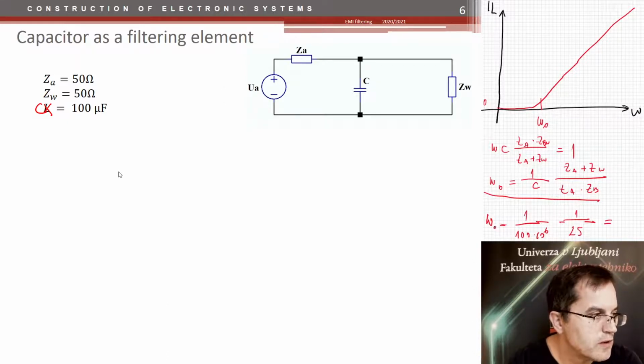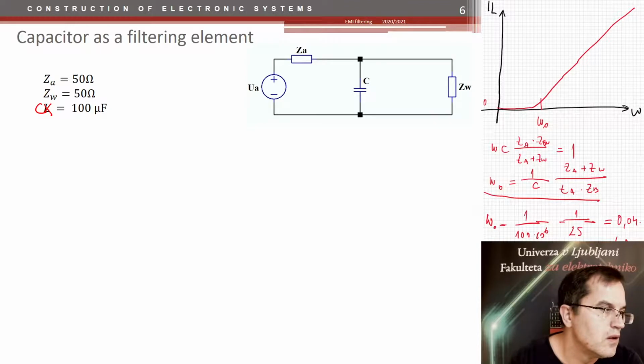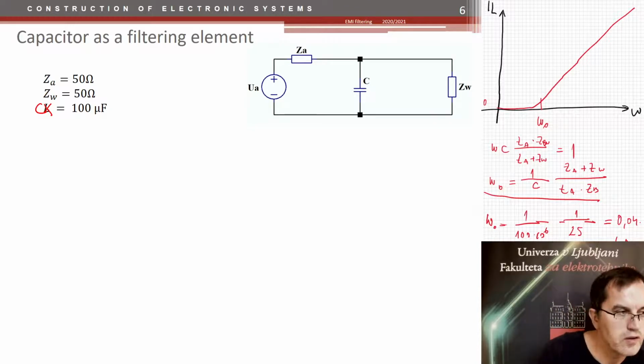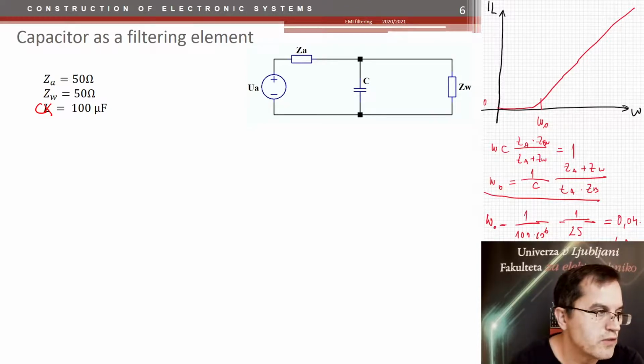So the corner frequency, omega 0, would be 1 over 10^-4, which is 10^4, times 0.04. It is actually 4 times 10^2, 400.